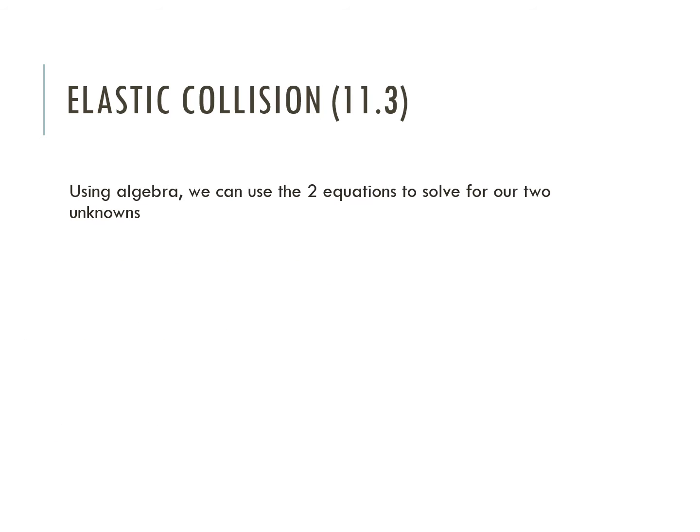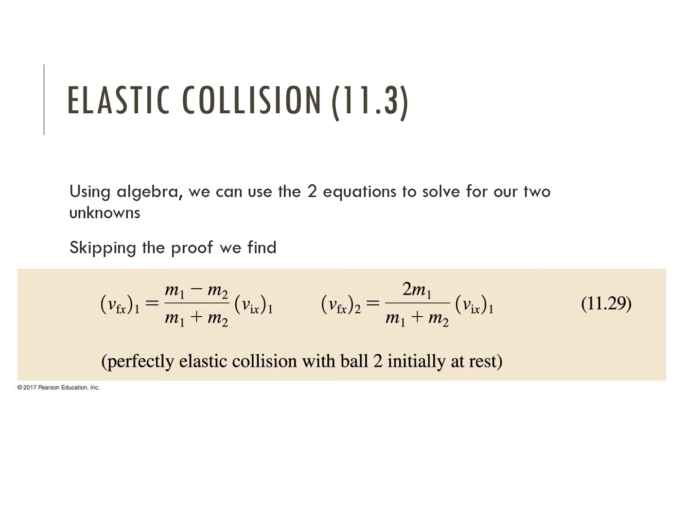Using algebra, working through it, we can get two unique equations. Again, we're skipping the proof. If you want to see this, check out chapter 11, section 3. We get these two equations here.